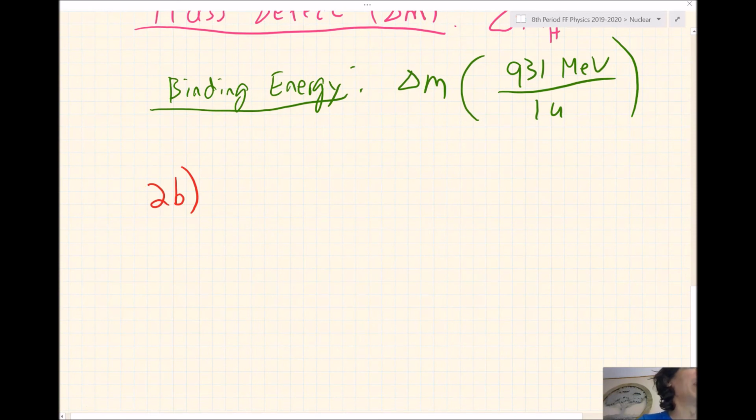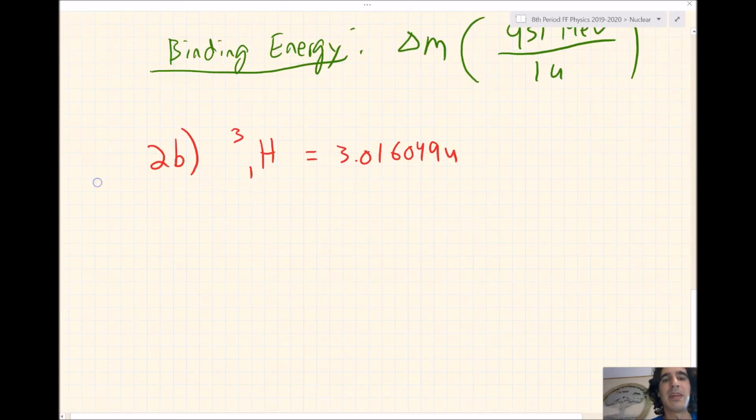And for 2B, we're given a tritium atom, which is hydrogen with 1 proton and 2 neutrons. And we're also told the atomic mass of this tritium atom is 3.016049 universal mass units. Again, we could find this in our Appendix B of the college textbook.